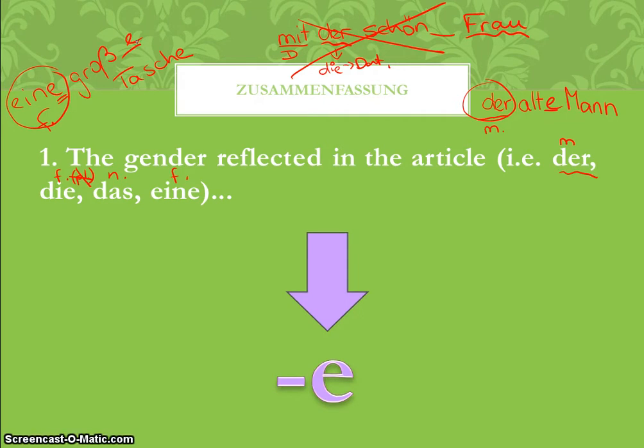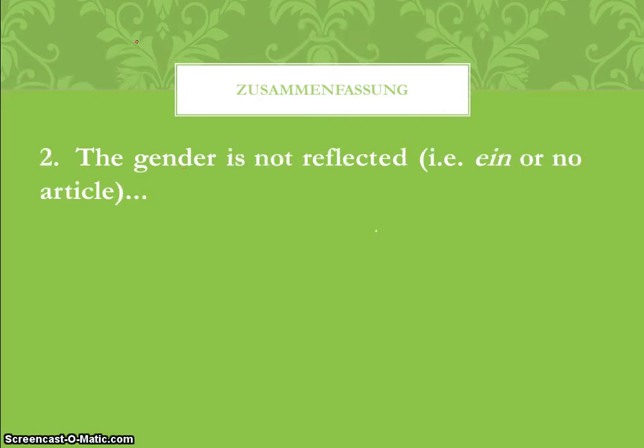Simple enough. Second one. What if the gender is not reflected at all? It's not reflected because we have an ein. Well, ein could be either masculine or neutral, okay? Mann, masculine, Kind, neutral.